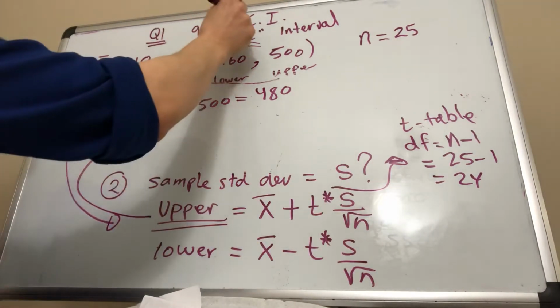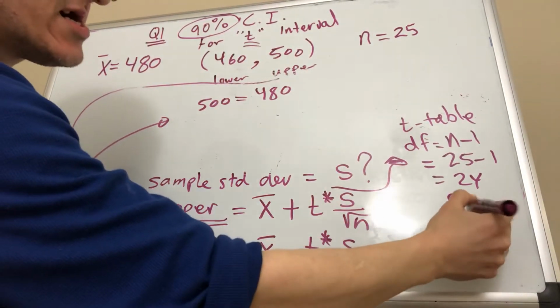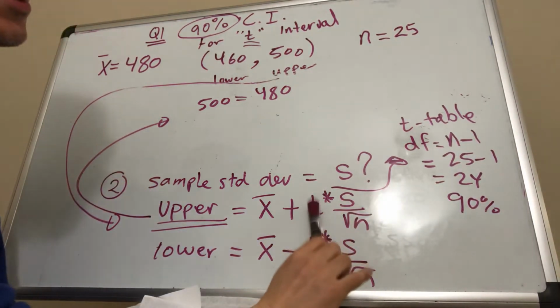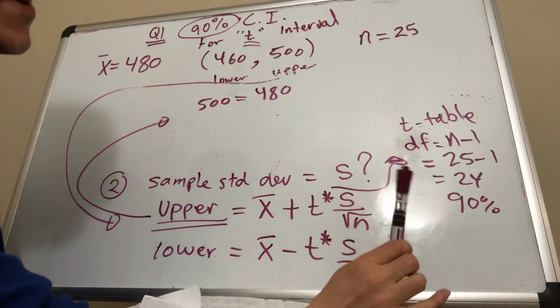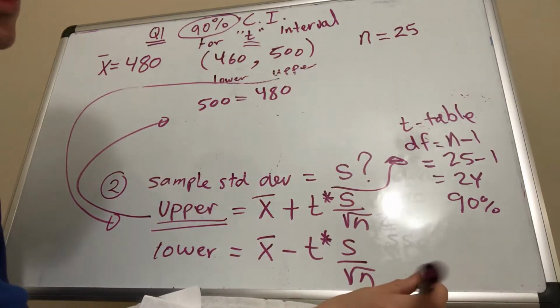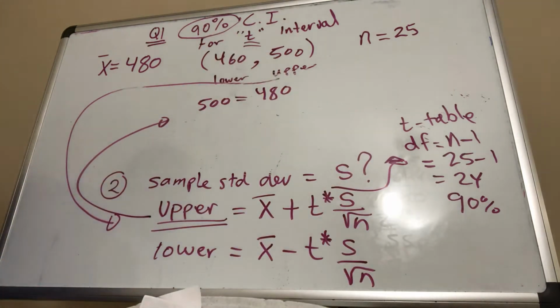And this confidence interval was at 90%. So to get a t star, you get it from the t table. Degrees of freedom is n minus 1, 25 minus 1, because they tell you the sample is 25, and it's 90%. I want you at this point to pause the video, go back to your Brightspace and the table section and open the t table.